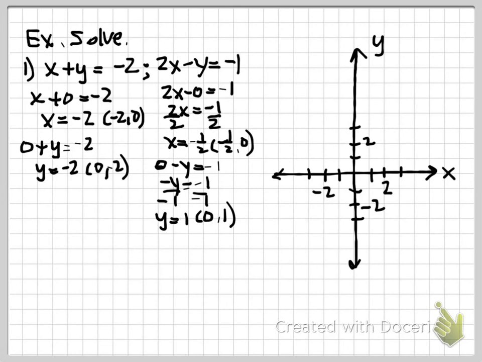So I go to where x equals -2 and y equals -2, and then I draw a line through the two of them. Oops, let's try that again. For some reason I can't always get exactly where I want to go. That's a little better. Now I'm going to do the second equation in blue, where it had an x-intercept of -1/2 and a y-intercept of 1.